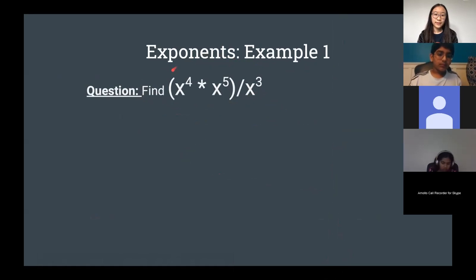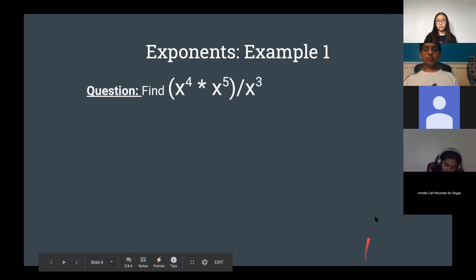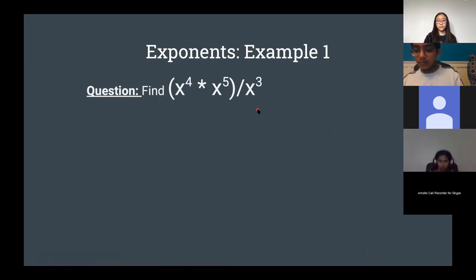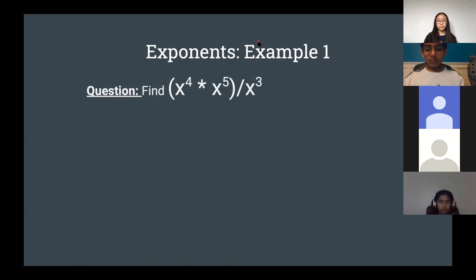The problem is the quantity of x to the 4th times x to the 5th divided by x to the 3rd. You should be able to see it on the screen. I'll give you about another minute to work it out.